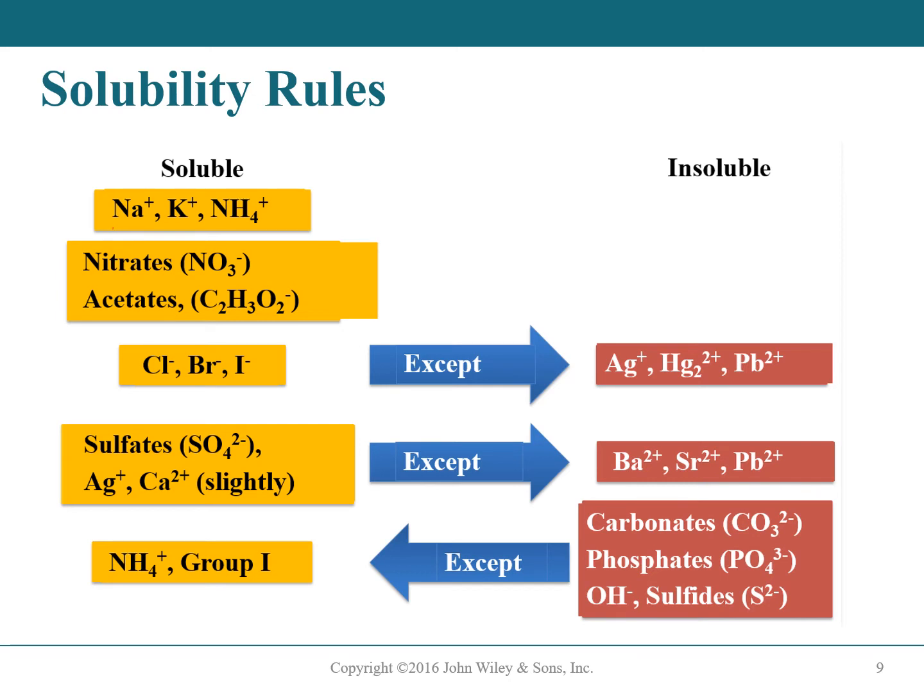So if I gave you sodium phosphate, is that soluble? You would write aq. Or is it insoluble? You'd write s. And you say, oh, my cation is sodium, so of course it's going to be soluble.